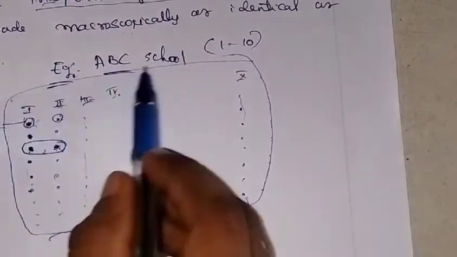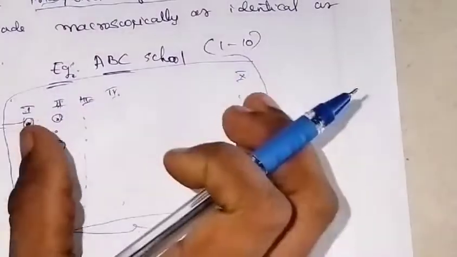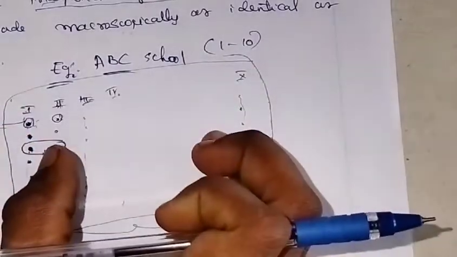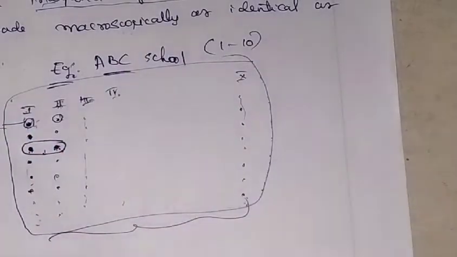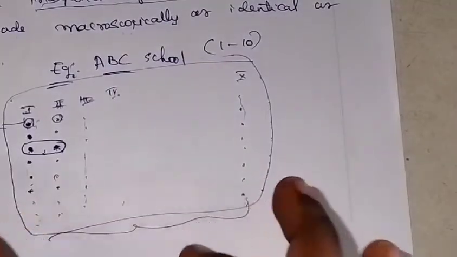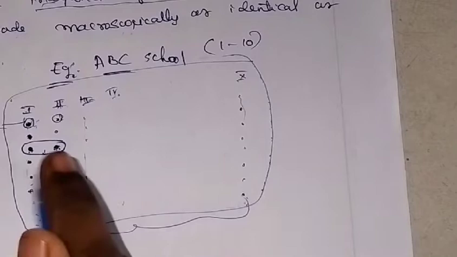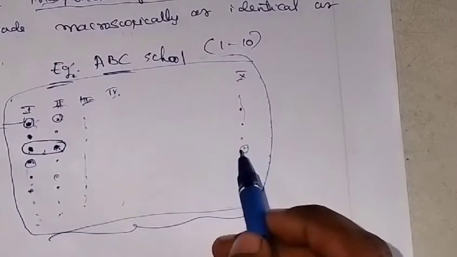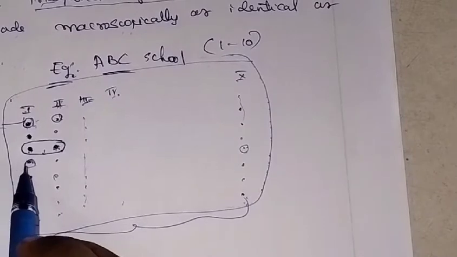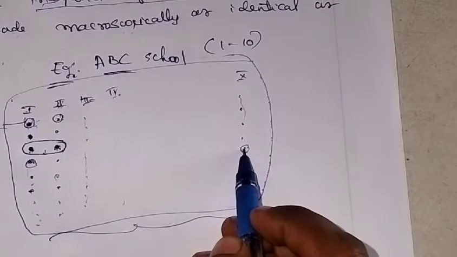If I consider the entire assembly as one bulk, what do we call them? We call them the students of ABC school, right? They are the students. This is also a student, this is also a student. They are similar.